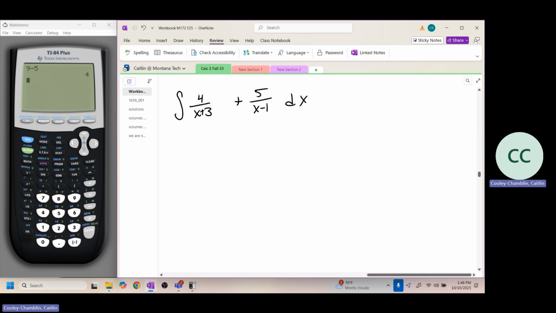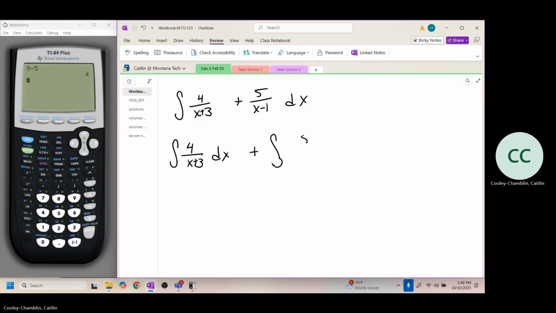And we want to integrate this. So I'm going to break this up into the integral of 4 over x plus 3 dx plus the integral of 5 over x minus 1 dx.